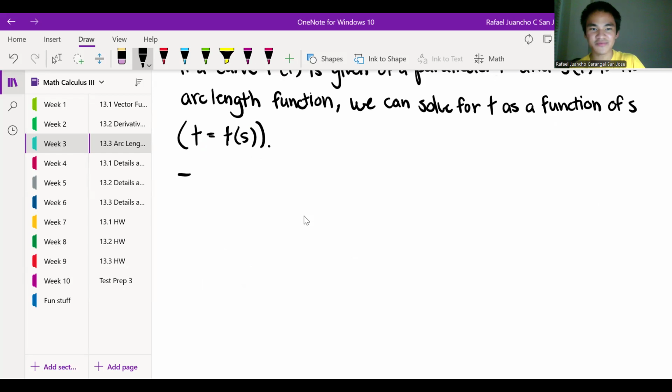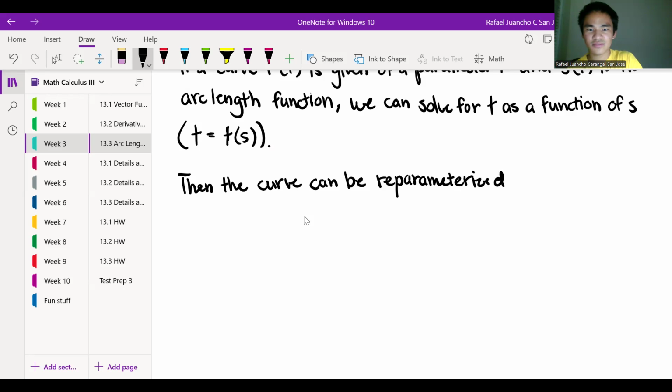Okay, let's do a next paragraph, just so we can split the ideas. Then we're saying, after we get that t, we can reparameterize. So the curve can be reparameterized in terms of S. How does that look in notation?